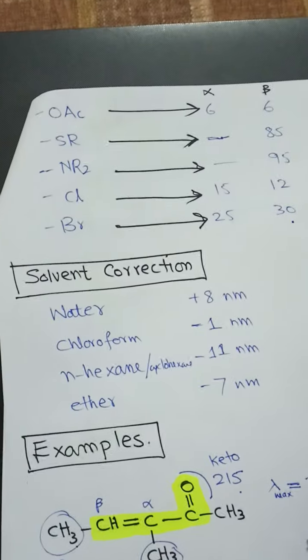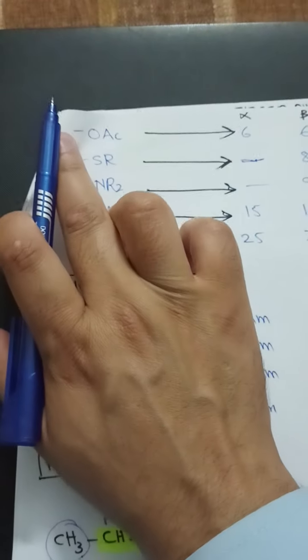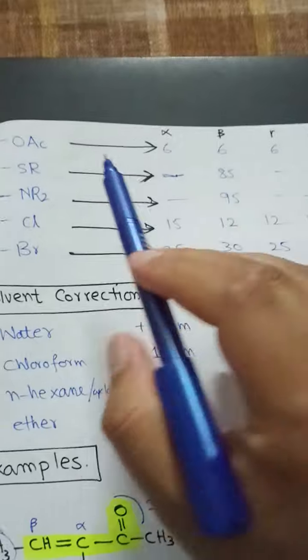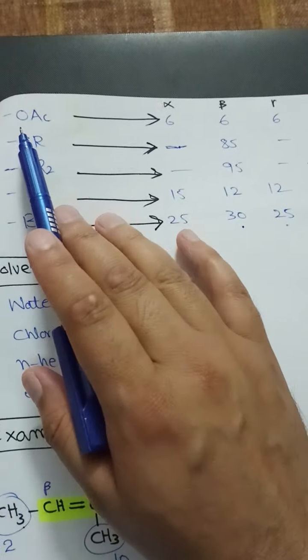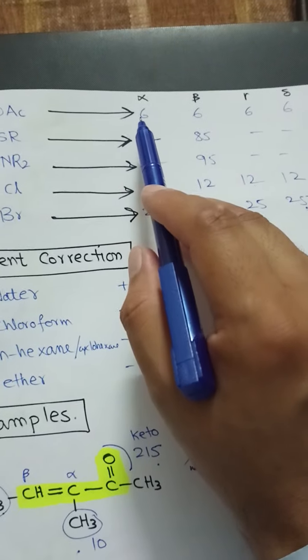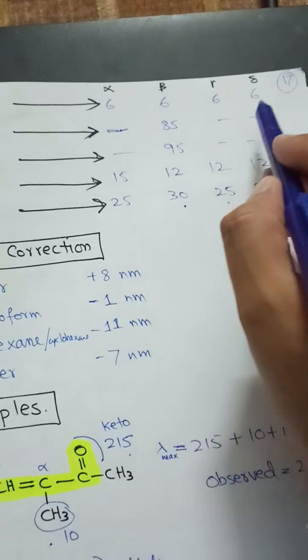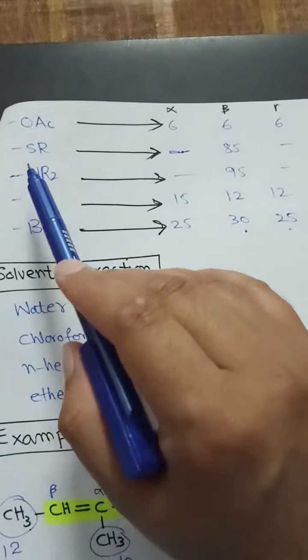Other groups are also present here, which show different values of the increment. Like here we have acetyl group which produces 6 nanometer increment for each alpha, beta, gamma or delta.